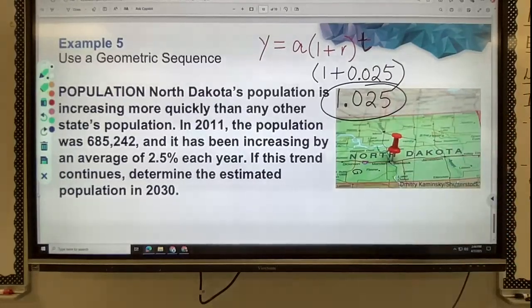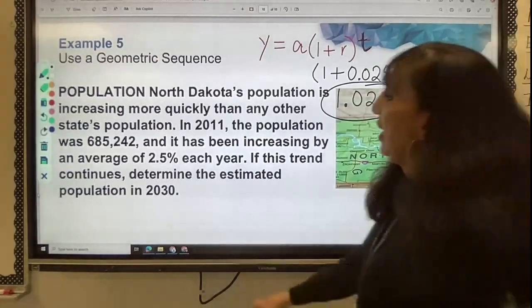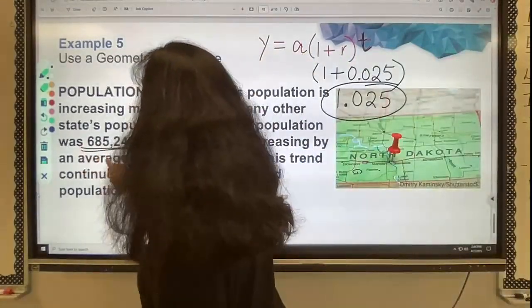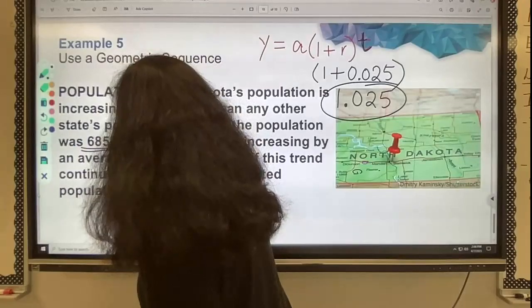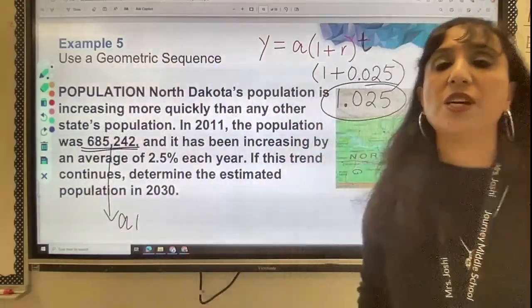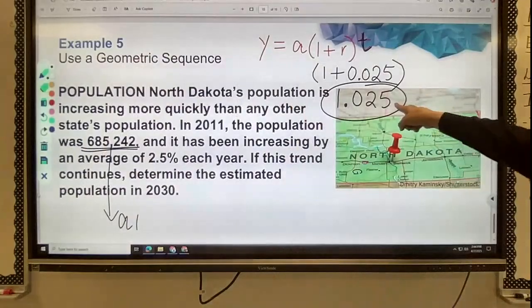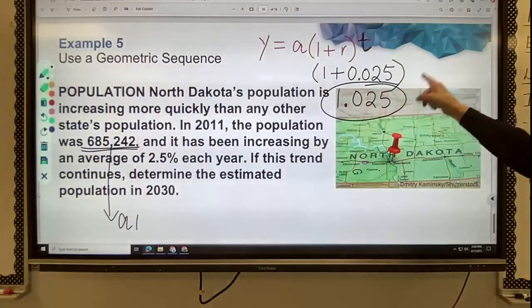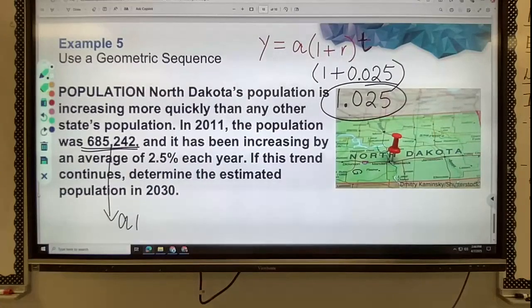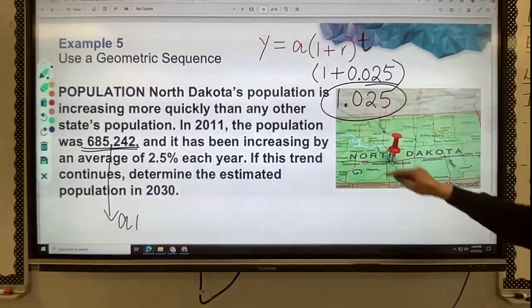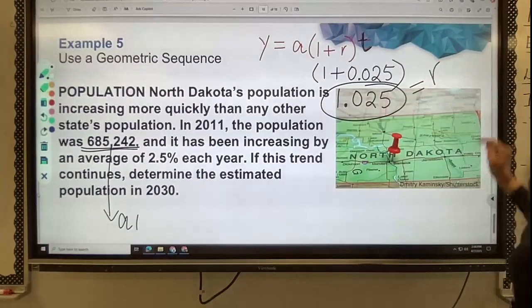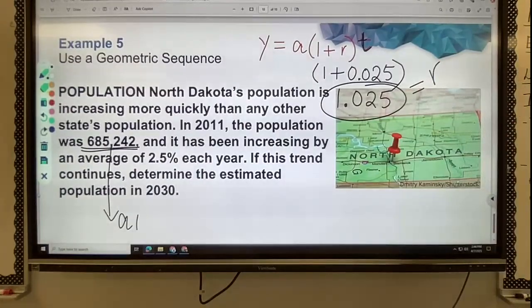Okay, and we know that 685,242, this is my A1, that's my first term. And then my constant ratio is this, what I just calculated, which is my R. This is my R. Okay, and so once I have this, we're going to talk about the population in 2030.